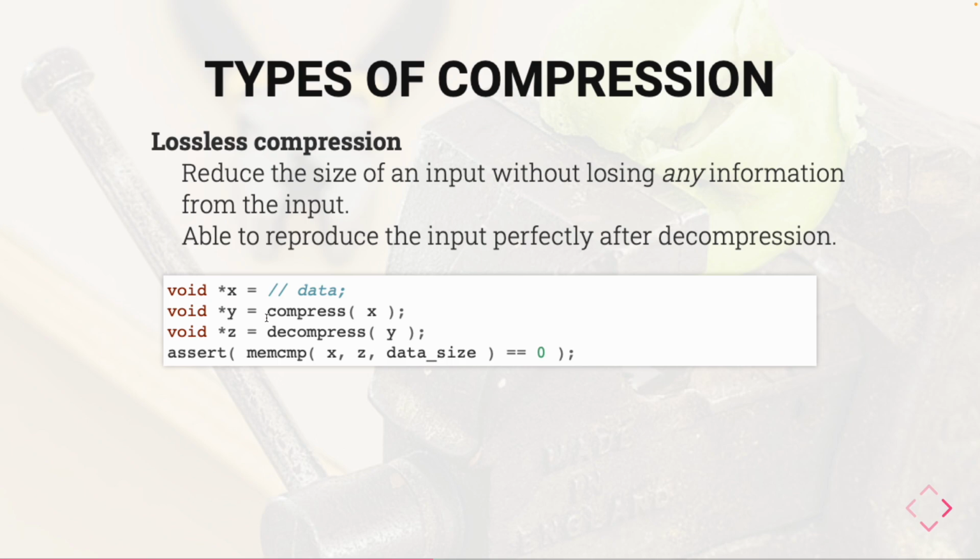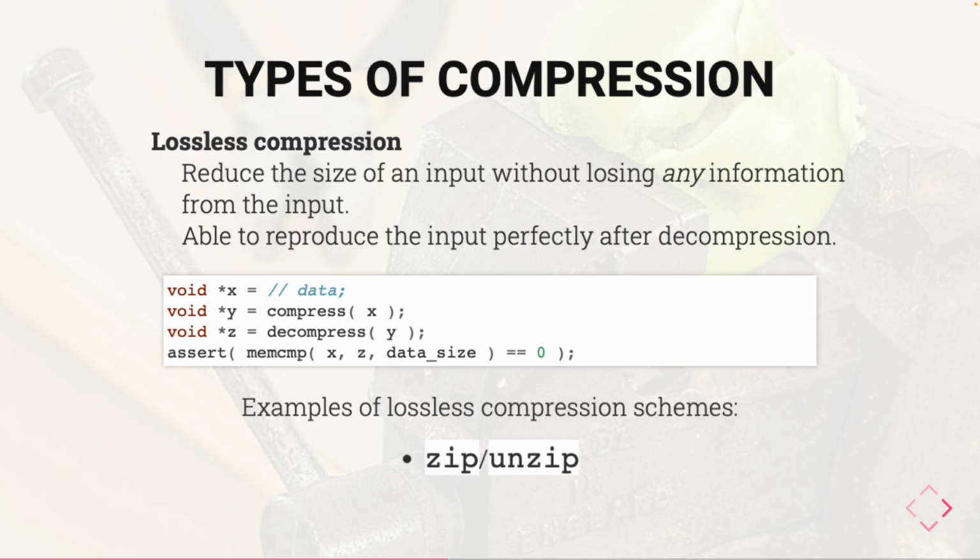So let's say the compress function is a lossless compression algorithm. If you decompress it, you can assert that the original and the decompressed version are the exact same. .zip files are a great example of lossless compression.